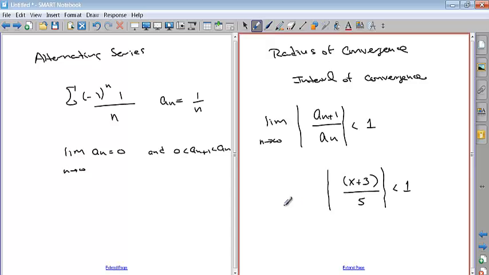So that might come about, let's say the original series was something like summation from n equals 1 to infinity of negative 1 to the n times x plus 3 to the n divided by n plus 5 times 5 to the n.